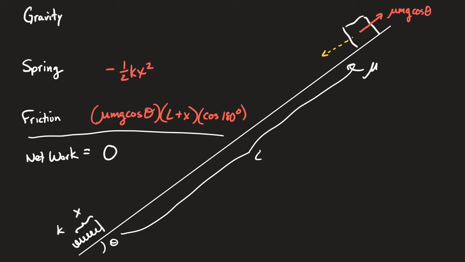Now, a lot of you want to put positive there. But look, that's not what we're doing. We're not talking about conservation of energy. This spring took energy from the box. Stopped it. So the work done by the spring on the box is negative. Got it? Excellent. All right.